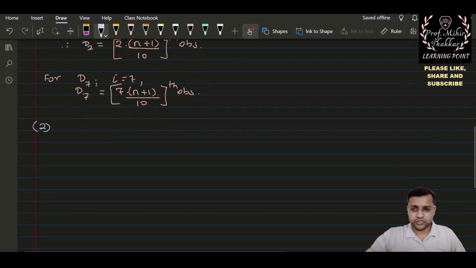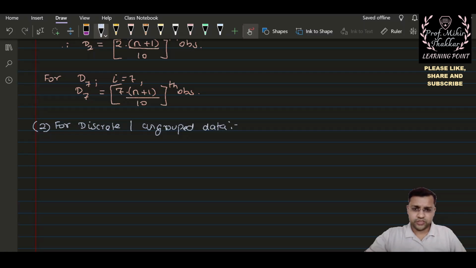Formula number 2 is for discrete or the ungrouped data. When you talk about the discrete or ungrouped data, as in the previous case, you have to first of all calculate the cumulative frequency of the less than type as usual, because it is frequency data.